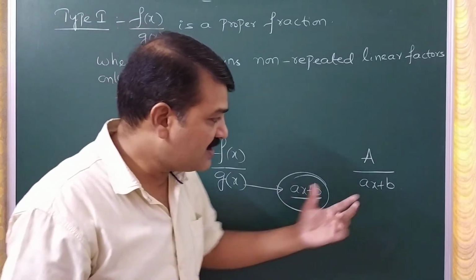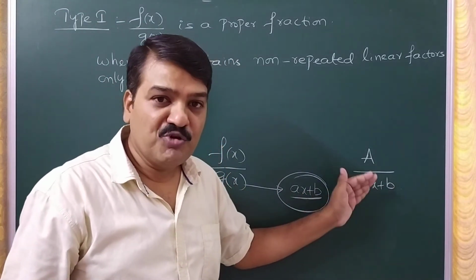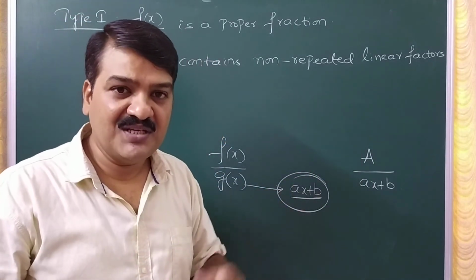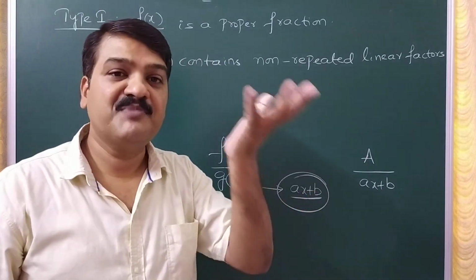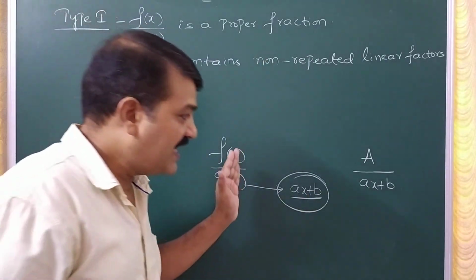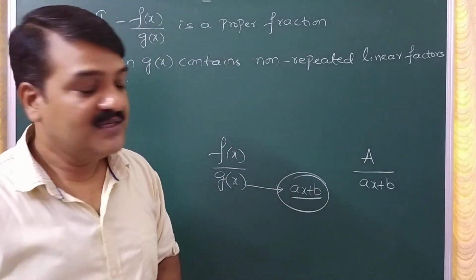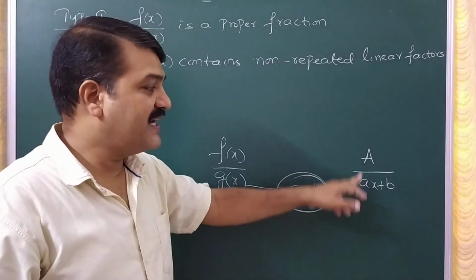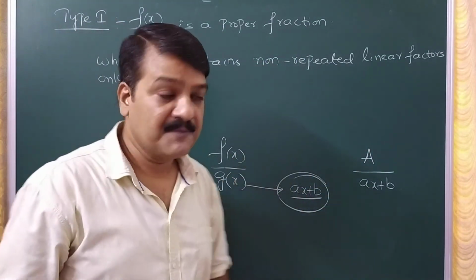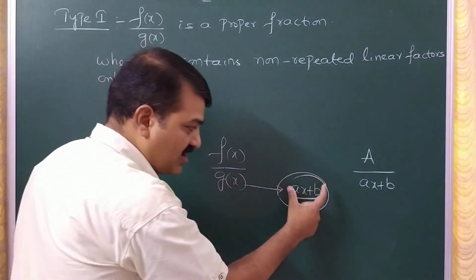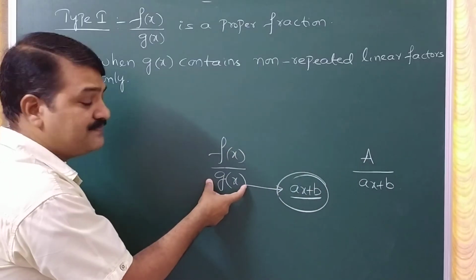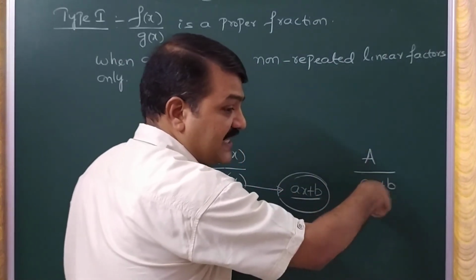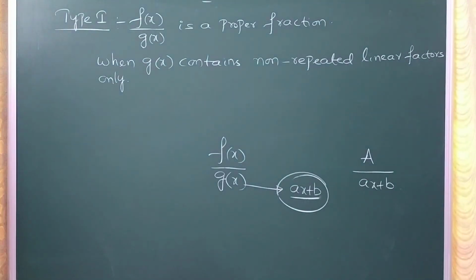Proper fraction means the denominator is first degree, so the numerator must be less than first degree, no? Less than first degree means 0 degree. So since the denominator is linear, the numerator must be constant only. Therefore, we write some constant by ax plus b like this. So whenever you find a factor of this form in the denominator, corresponding to that factor, you will write the partial fraction like this. Okay, so this is the first type.